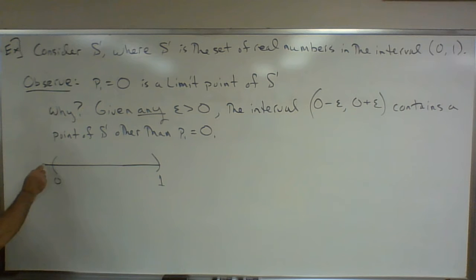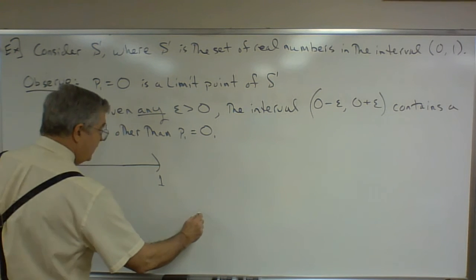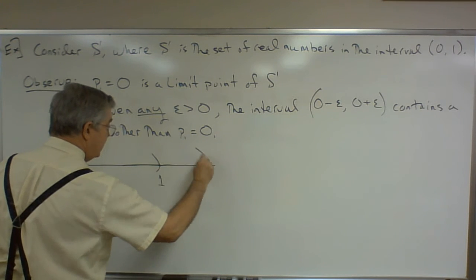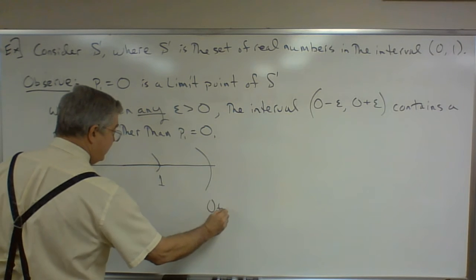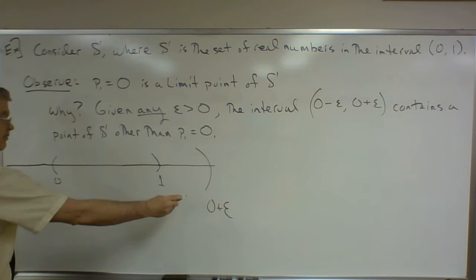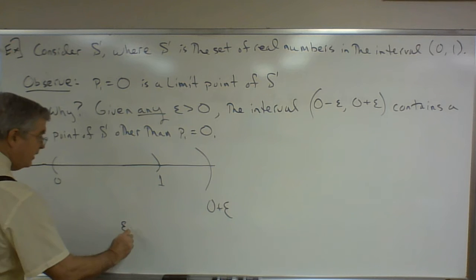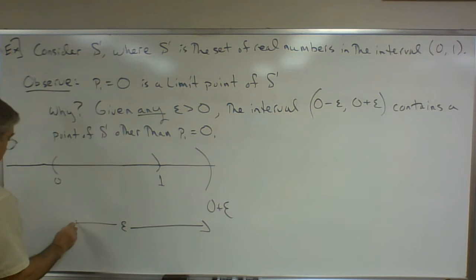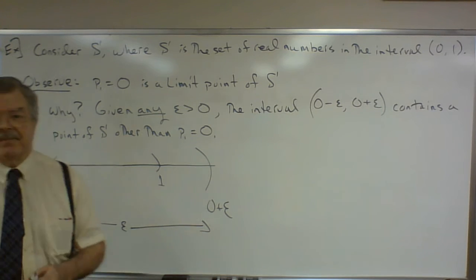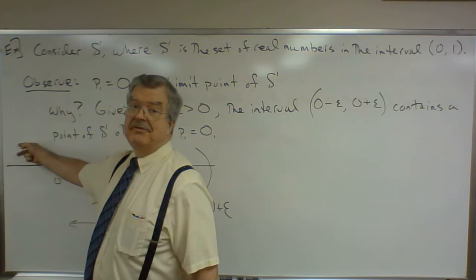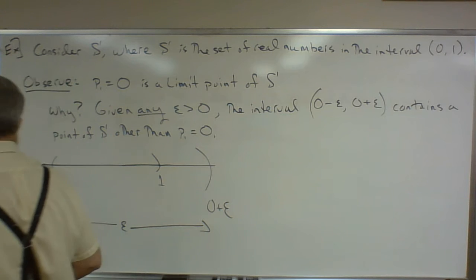Let's say that epsilon is really big. So here's 0 plus epsilon. And way over here, off the screen, is 0 minus epsilon.